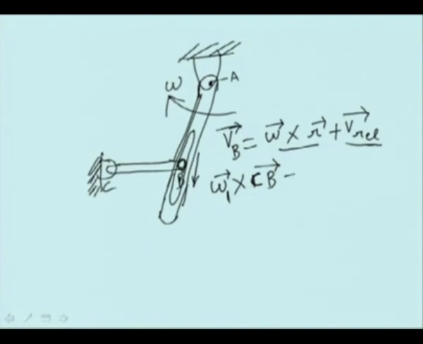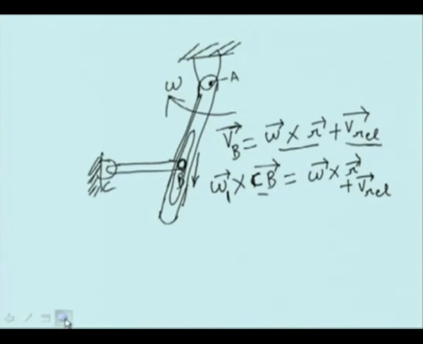You can equate this with the expression omega cross R plus VL, express these in component form, and get two equations. There are two unknowns in this problem: omega 1 and the magnitude of VL. So that type of problem can be solved.